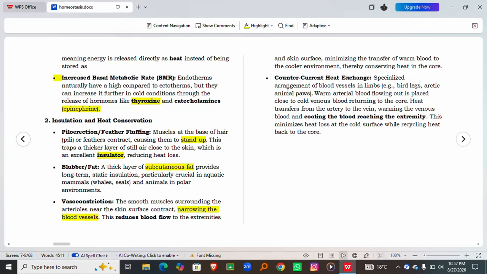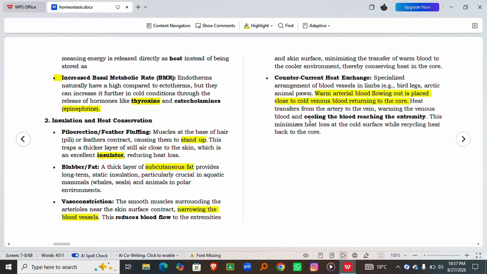Then we have what we call the countercurrent heat exchange. Countercurrent heat exchange simply means a mechanism in which the blood vessels are arranged so that the artery is in close proximity with the veins, so that when warm arterial blood is flowing out, it exchanges heat with the venous blood, such that the heat that was in the warm arterial blood is maintained within the body by being exchanged with the venous blood.